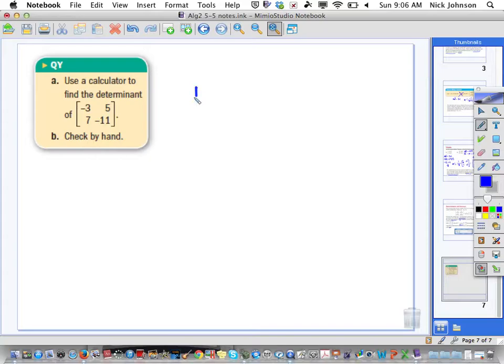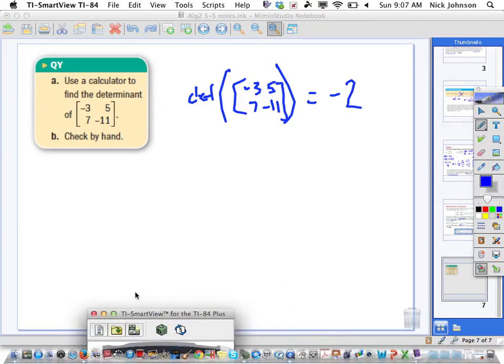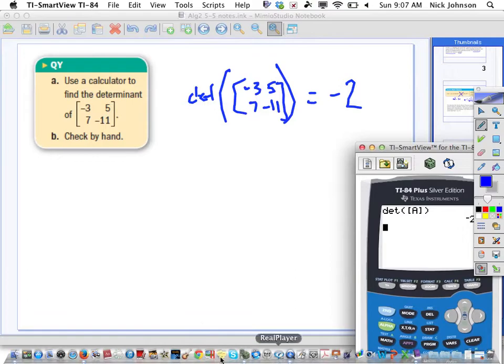Okay, so the determinant of this matrix, -3, 5, 7, -11, said that it equaled a -2. So let's check that. Doing it by hand.